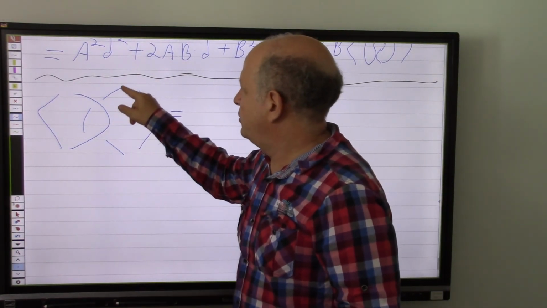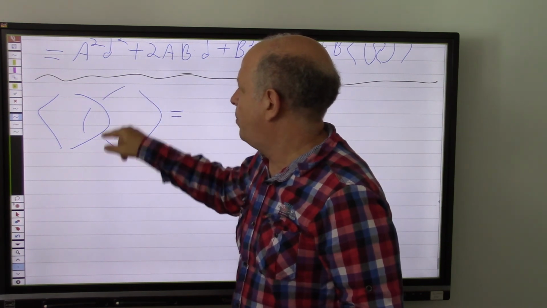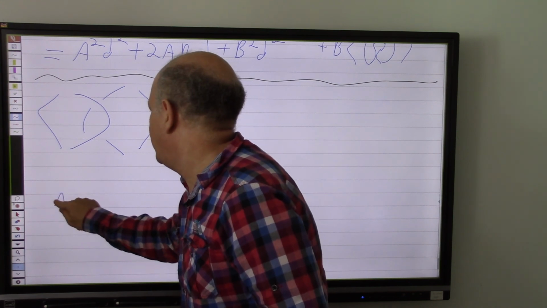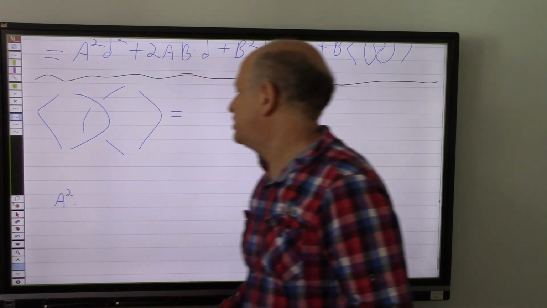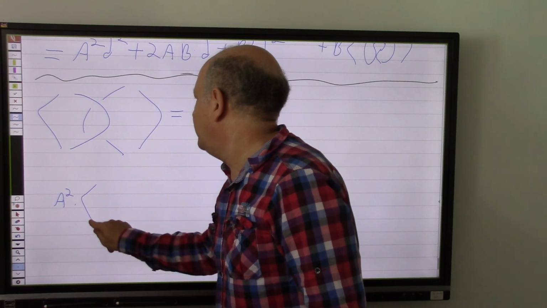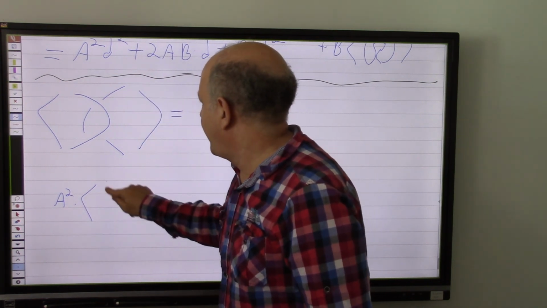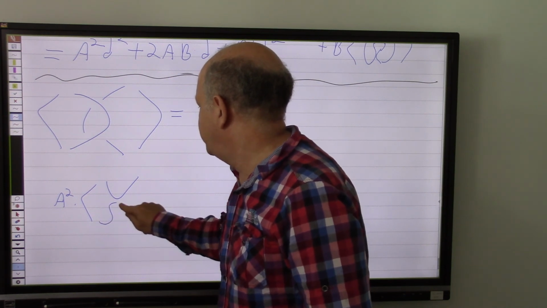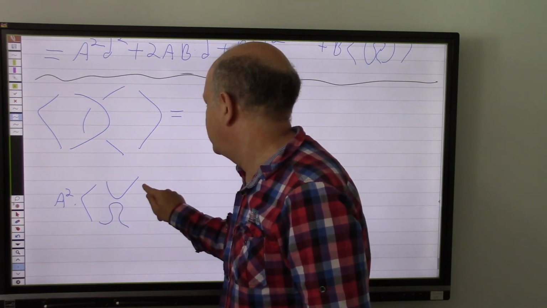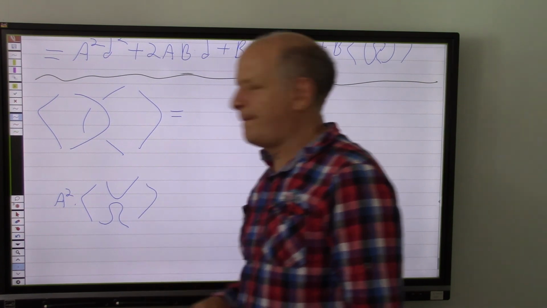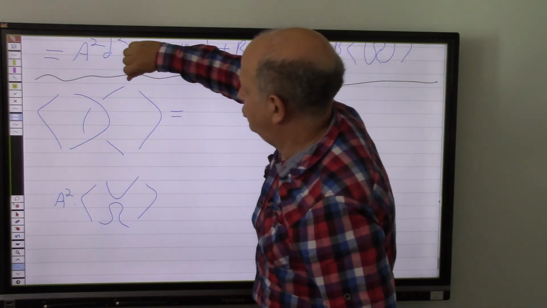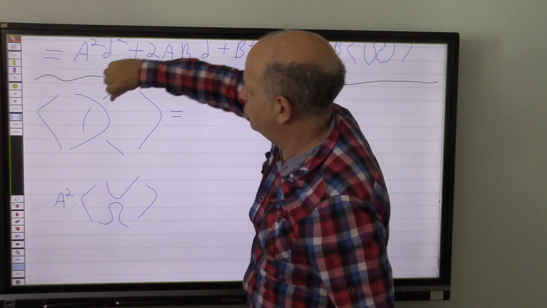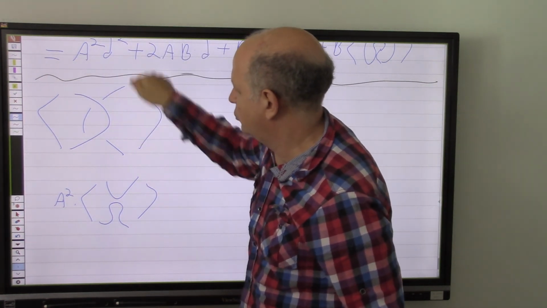So the 0 at the top, 0 at the bottom possibility, so I get a squared times the bracket of this, which is what I get at the top, and this is what I get at the bottom. At the top I do a 0 smoothing, so I go to the right at the crossing, and here I go to the right. Yeah, this is it.